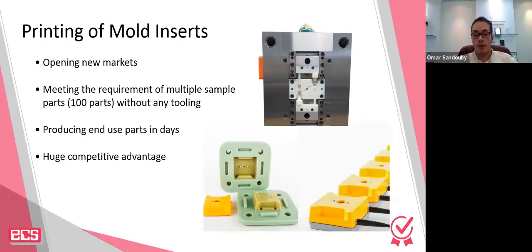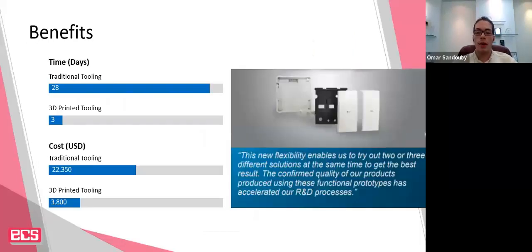Gives a very good competitive advantage to people who are applying it. So if you were to go and look into it, you will find that normally you're reducing the tooling time from 28 days, for instance, in this one example by a company which is doing some electronic parts, and then you're reducing this to 3 days, and the total costing also reduced significantly here.